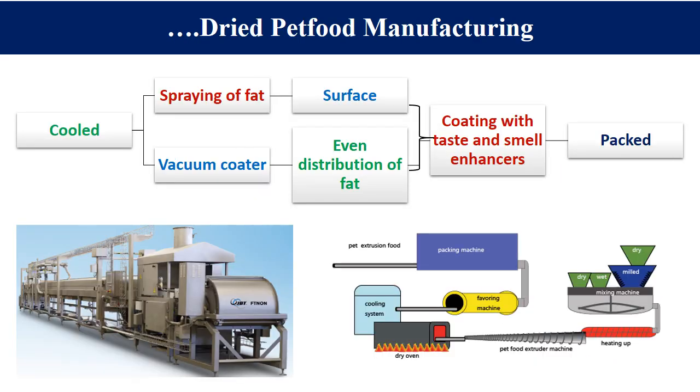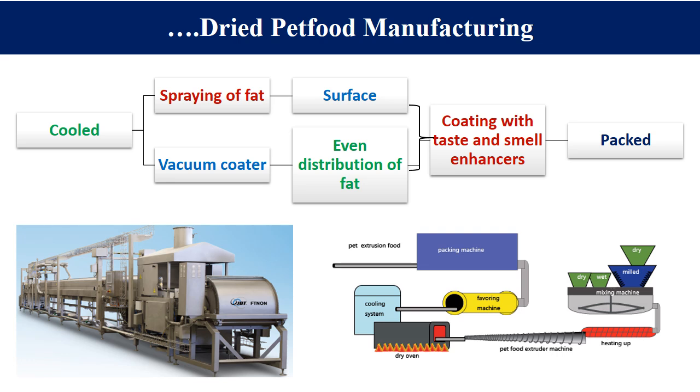Here, in continuation of the dry pet food manufacturing by extrusion method, we have seen the drying of the extruded products. Then it will be further cooled, and there will be vacuum coating and spraying of fats or oils on the surface, with even distribution of fat, and sometimes a coating with taste and smell enhancer, and then it is ready for packing.